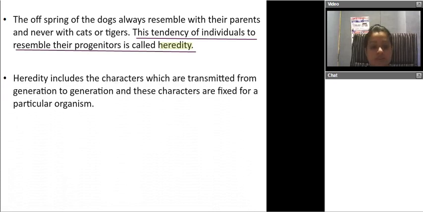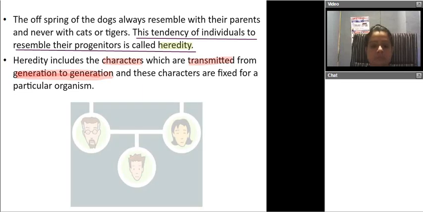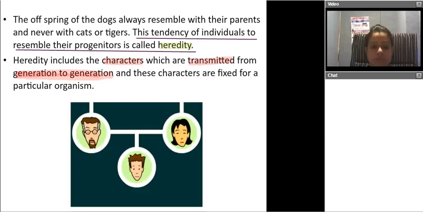Heredity includes different characters. These are the characters that are inherited or transmitted from one generation to another, and they are fixed for a particular organism. So, the child always resembles its parents.